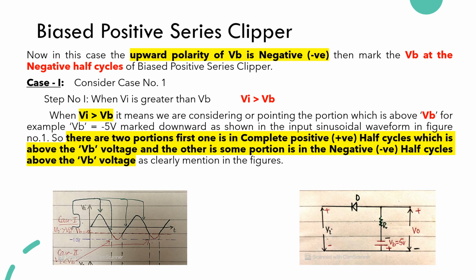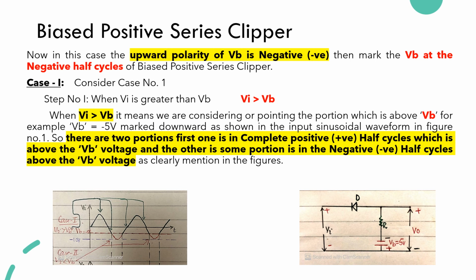Let's start. Consider case number 1. Step number 1. Vi is greater than VB. When Vi is greater than VB, it means we are considering the portion which is above VB. For example, VB is equal to minus 5 volt, marked downward as shown in the input sinusoidal waveform in figure number 1. Now in this positive series clipper, VB is equal to minus 5 volt.